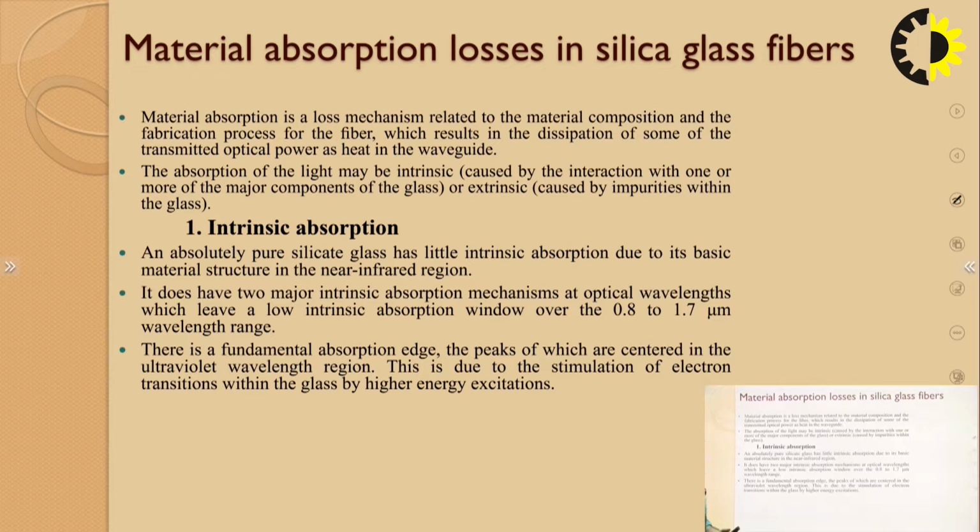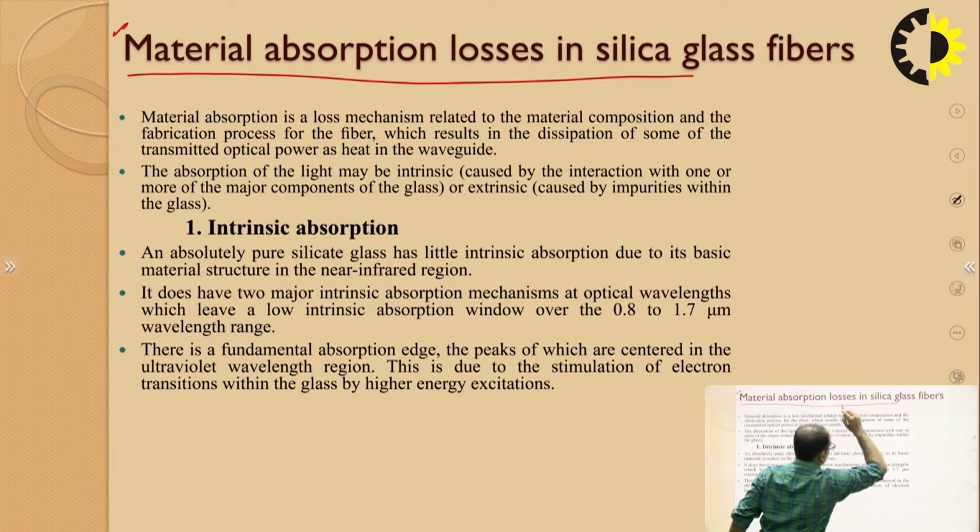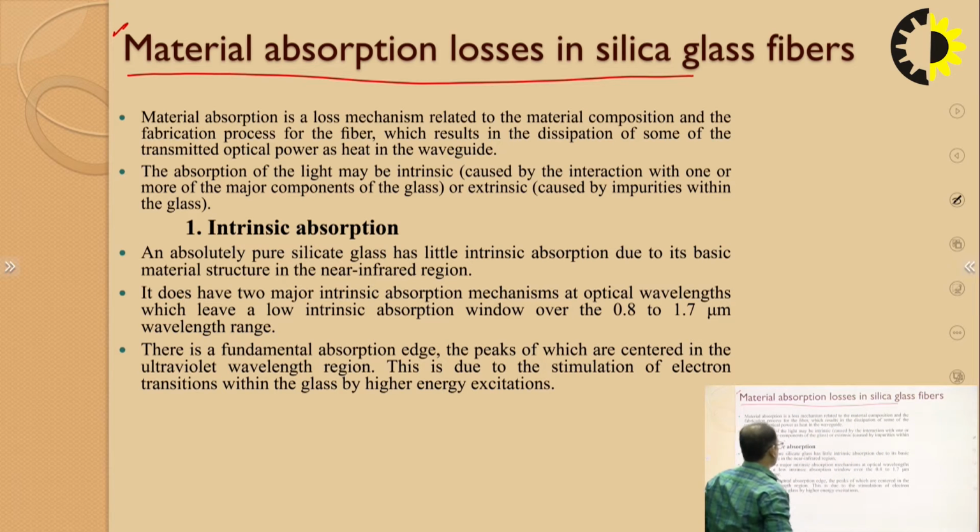Now, one of the factors which is responsible for causing the attenuation is absorption, and today we will discuss the topic of material absorption in silica glass fiber, which is a factor that contributes to the signal loss. Material absorption is a loss mechanism related to the material composition and the fabrication process for the fiber, which results in the dissipation of some of the input optical power as heat in the waveguide.